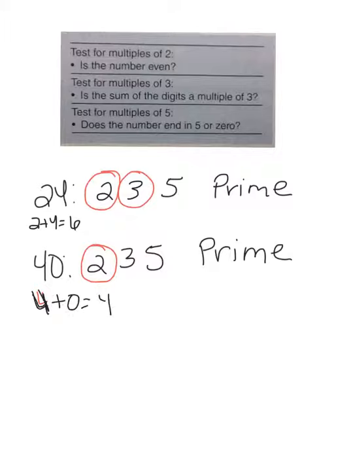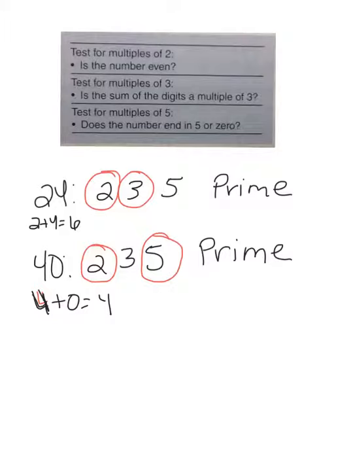Is 4 a multiple of 3? No. So it is not divisible by 3. Next, I'll check 5. Does the number end in 5 or 0? Yes, 40 ends in 0. So it is a multiple of 5. Because 40 is a multiple of 2 and a multiple of 5, it is not prime.